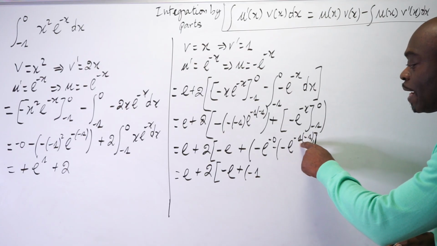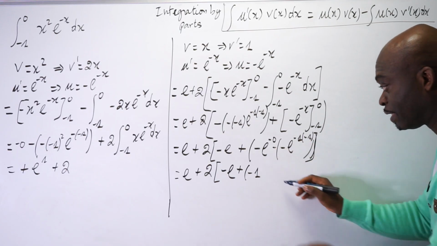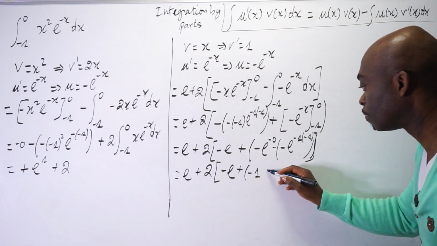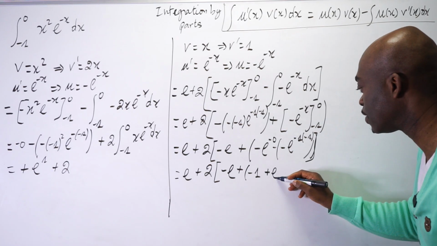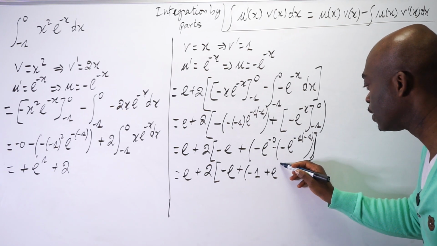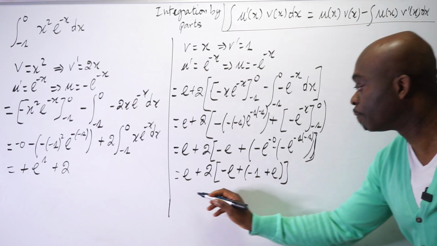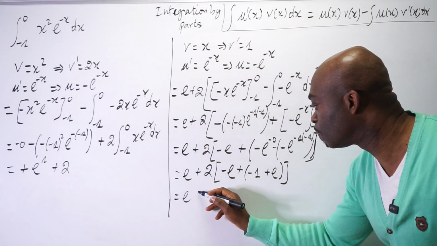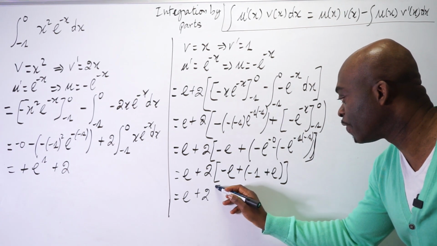And then here this is positive 1. And then negative, negative is going to give positive also. Okay? So it's going to give a positive exponential as well. So exponential 1, and then we close this one. Then we have e plus 2. So let's finish what we have inside the bracket.